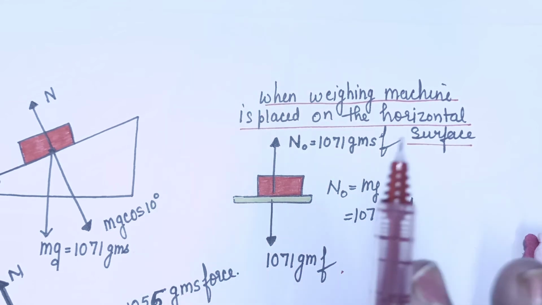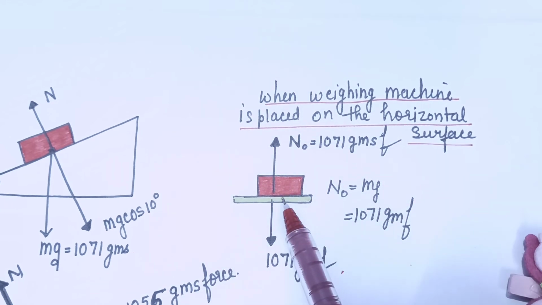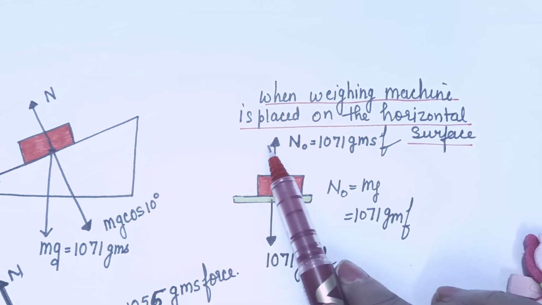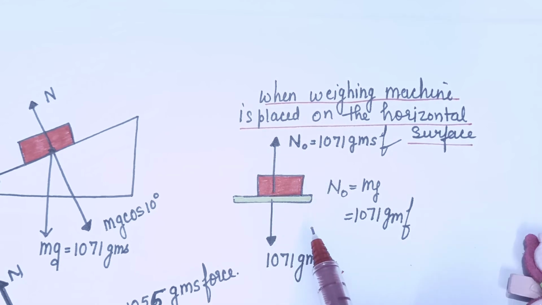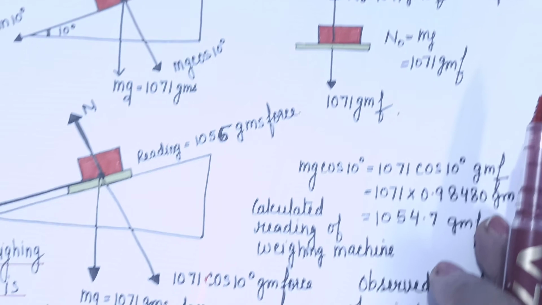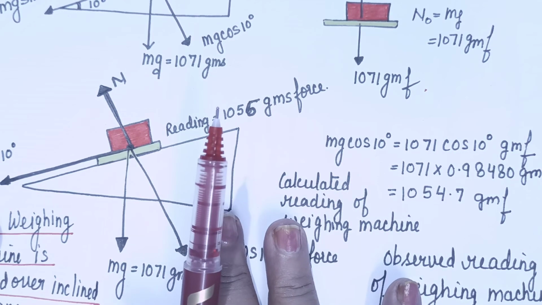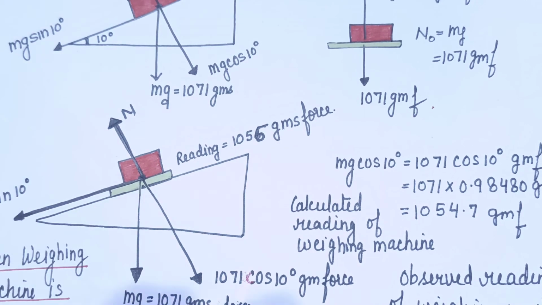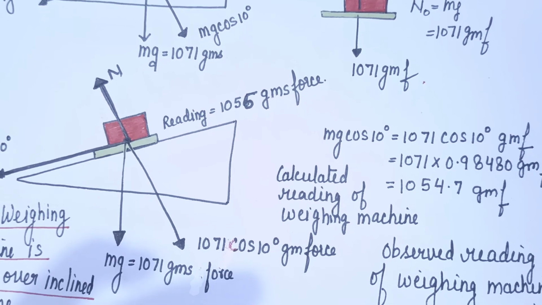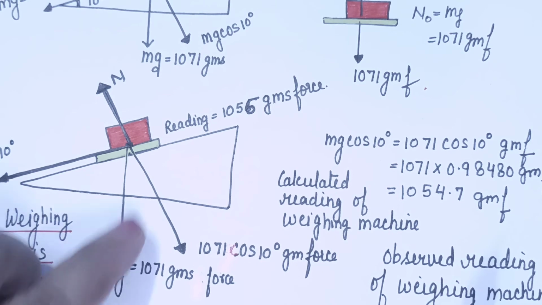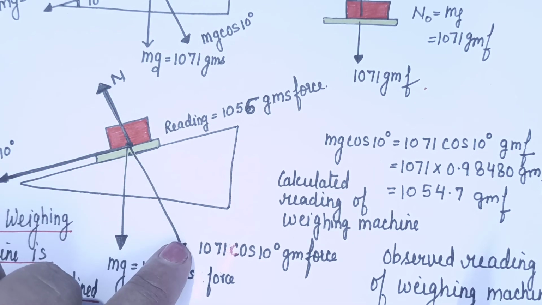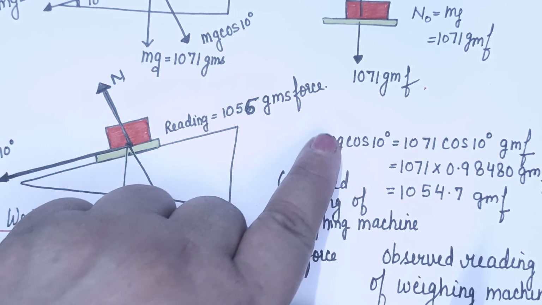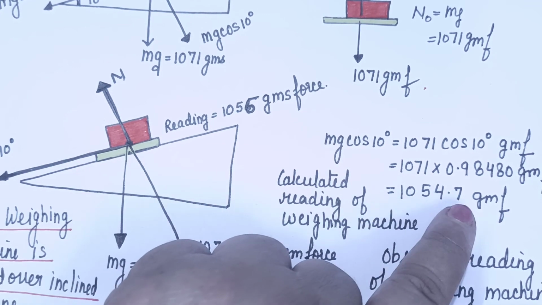But we have to check whether the weighing machine reads the gravitational force or the normal reaction force. On the inclined plane, the gravitational force is still the same 1071 gram force, but the normal reaction force changes from this value to this value, which comes to be 1054.7 gram force.